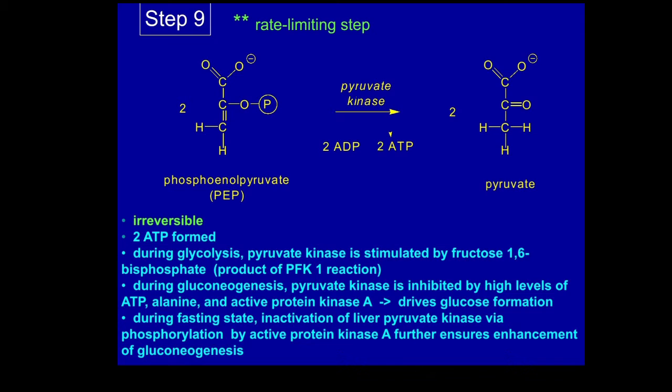This enzyme is also activated by the product of PFK1, fructose 1,6 bisphosphate. So if PFK1 is active, you have enough fructose 1,6 bisphosphate produced that can allosterically activate the last step of glycolysis, pyruvate kinase.